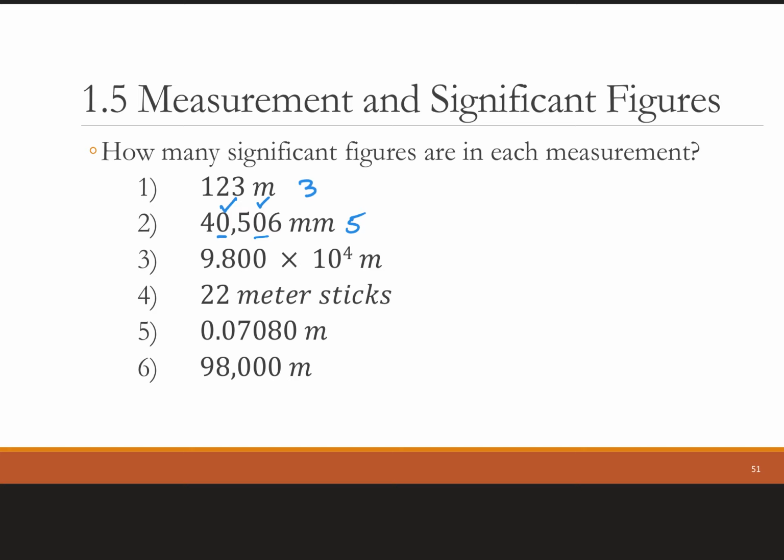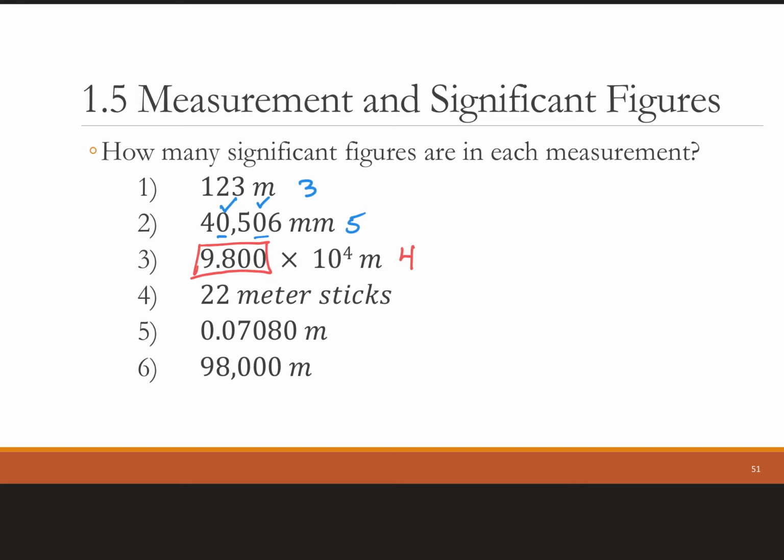In 9.800 times 10 to the 4th meters, I need to re-emphasize that we do not include this in significant figures, but in scientific notation, the coefficient there tells you how many. There's 9, 8, and then 2 zeros, so this has 4 significant figures.